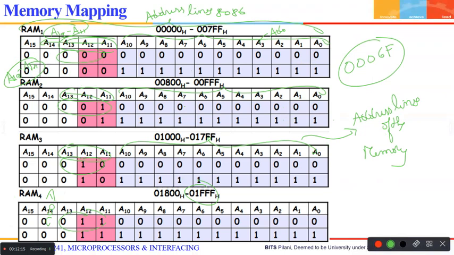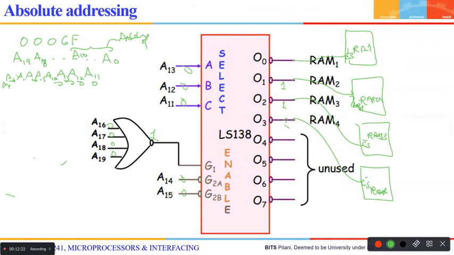When the microprocessor generates any address in this range, the decoder logic you have designed has to enable this. This line will become 0, all others will become 1. Chip select bar means that if the chip has to be enabled, it has to be given a 0. Have you understood this? Okay.